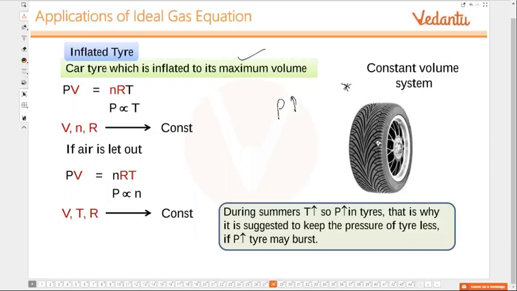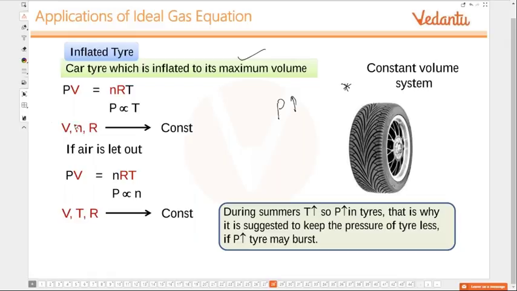So if we don't adjust the amount of the gas here, then there is every chance that it is going to burst. And at that temperature during summer, especially, the pressure inside this tube is kept a little low. That is the suggestion given by all the people who check the air pressure, right? So that is the second application.